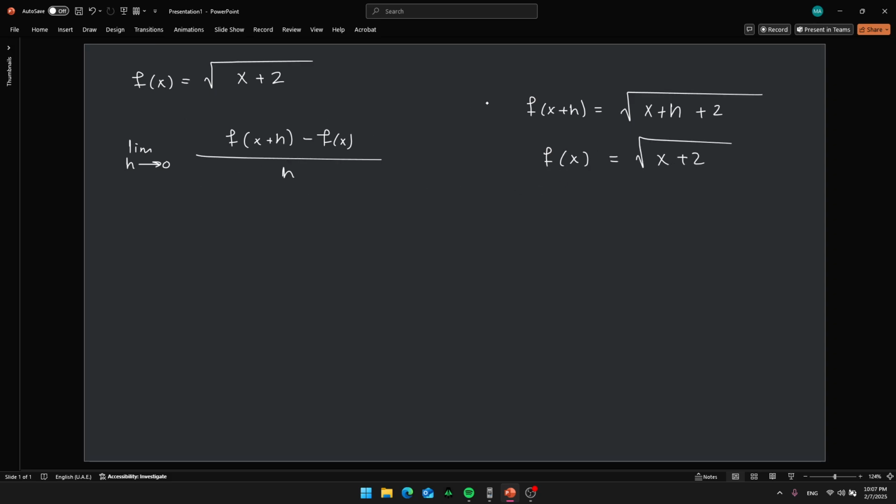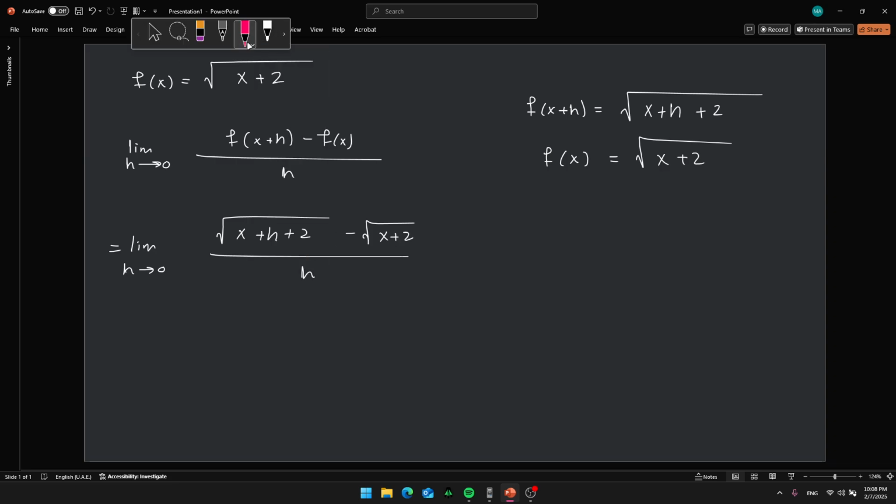Now let's substitute these pieces into the limit problem. So f of x plus h is radical x plus h plus 2, minus f of x, radical x plus 2, all over h.